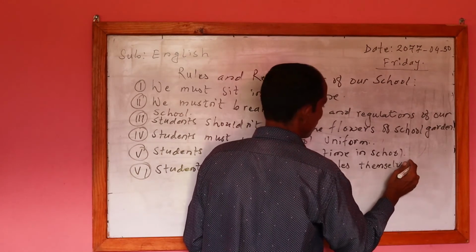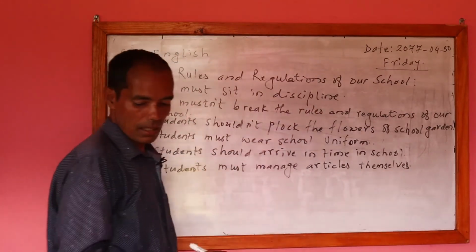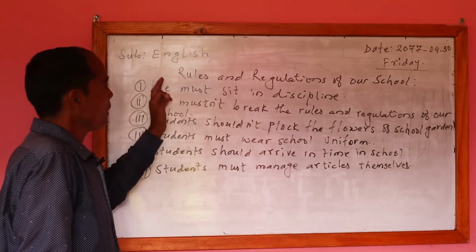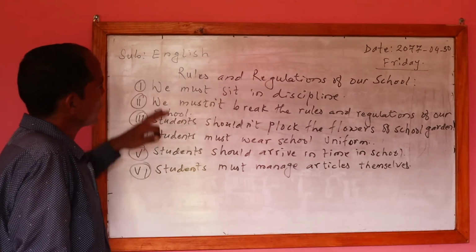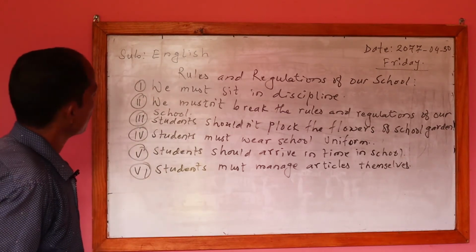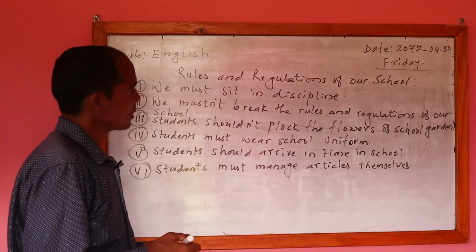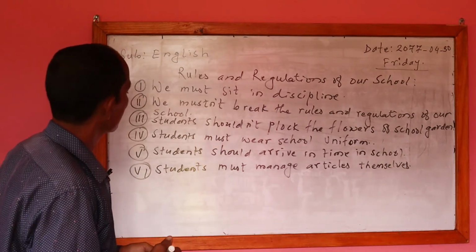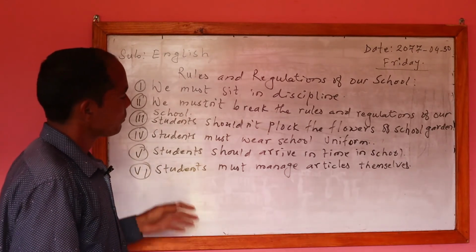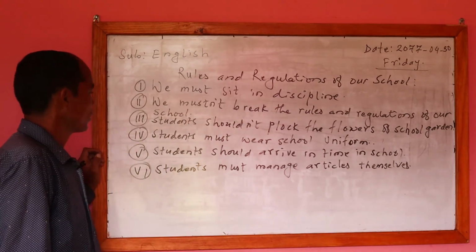Like this way, I have given some examples to help you. Here I have given rules and regulations. At school we must sit in discipline. We must not break the rules and regulations of our school. Students should not pluck the flowers of the school garden.